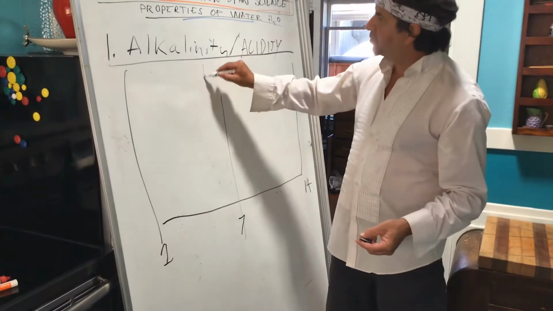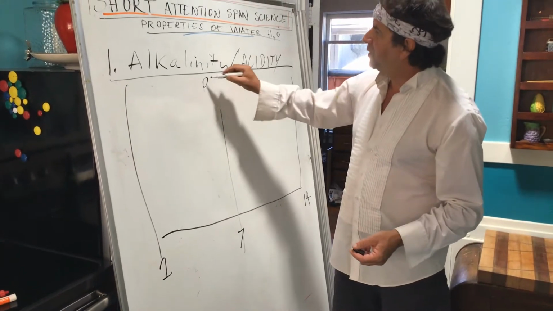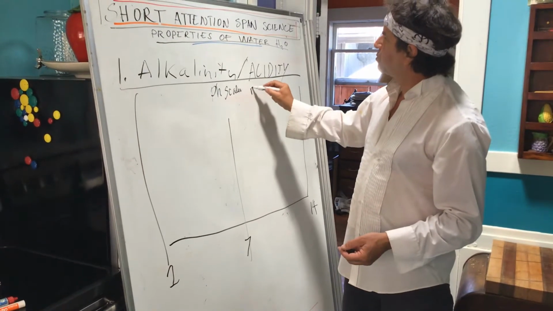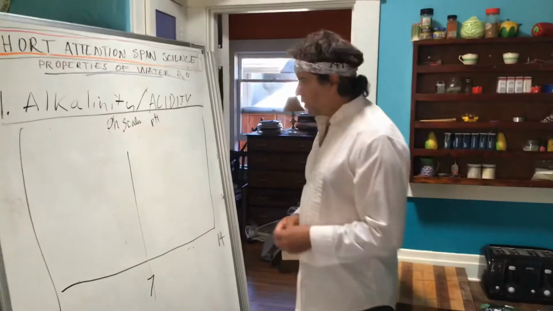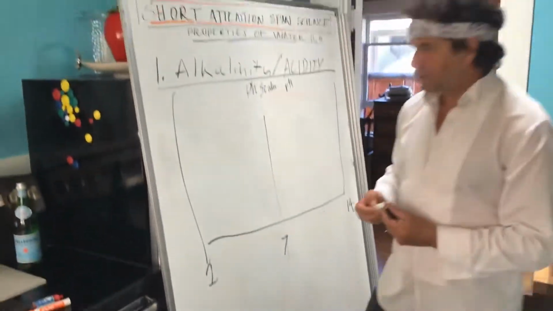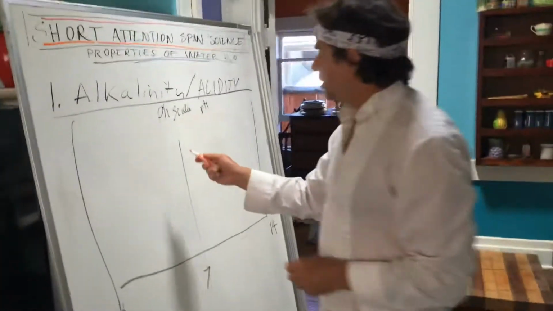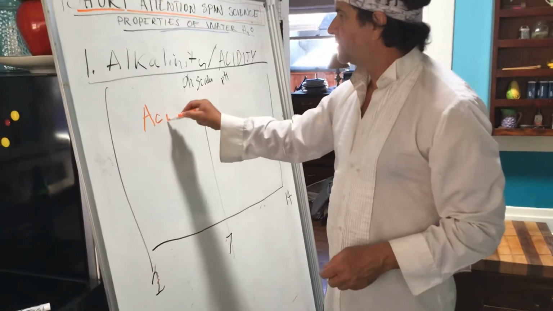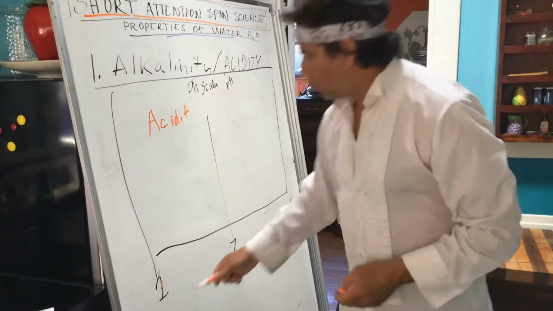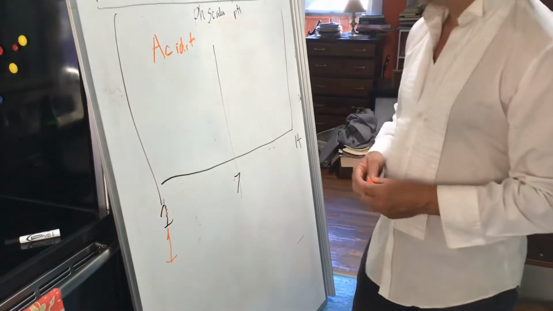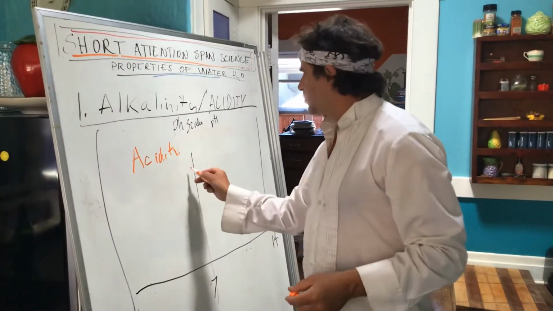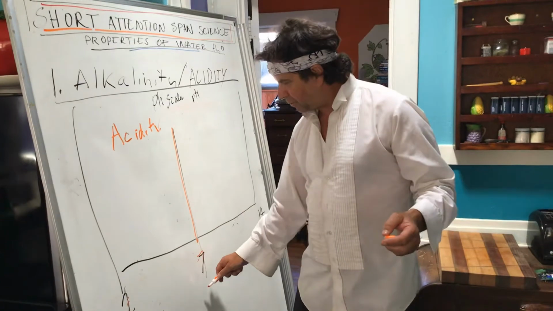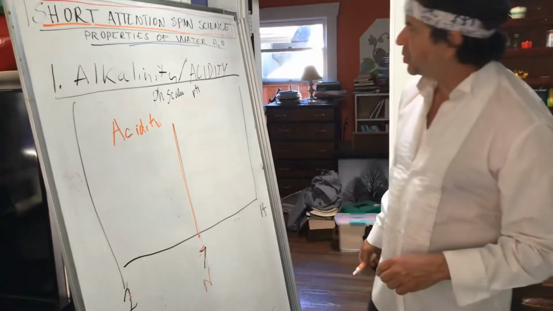This is known as the pH scale, a small p and a big H. Acidity is from 7 to 1, 1 being very, very acidic. And this is important to remember: 7 is neutral.